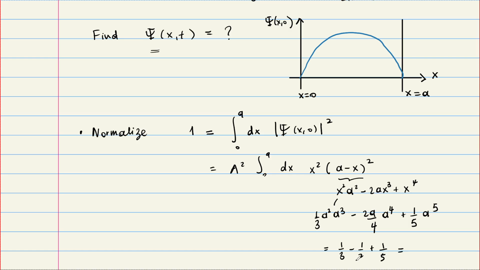And this is, over 30, 10 minus 15 plus 6 over 30, which is 1 over 30.